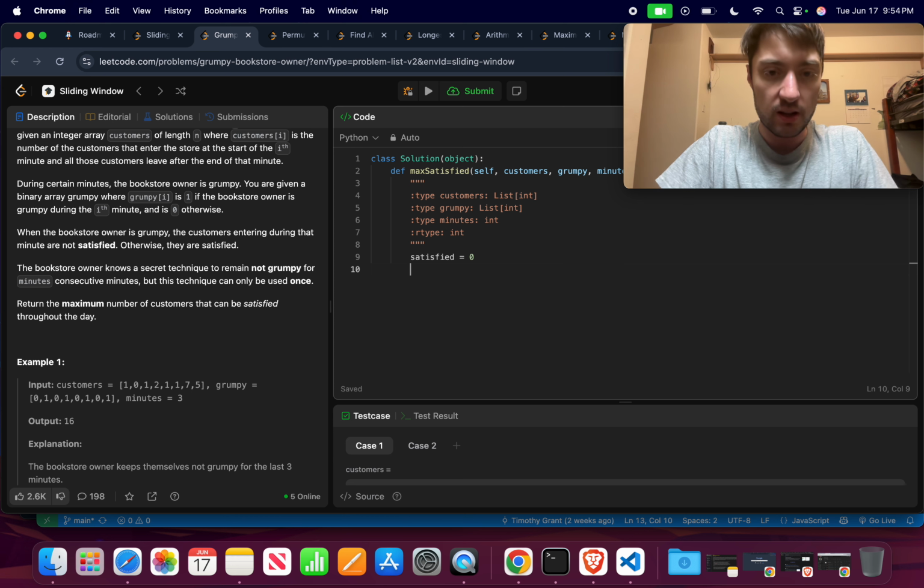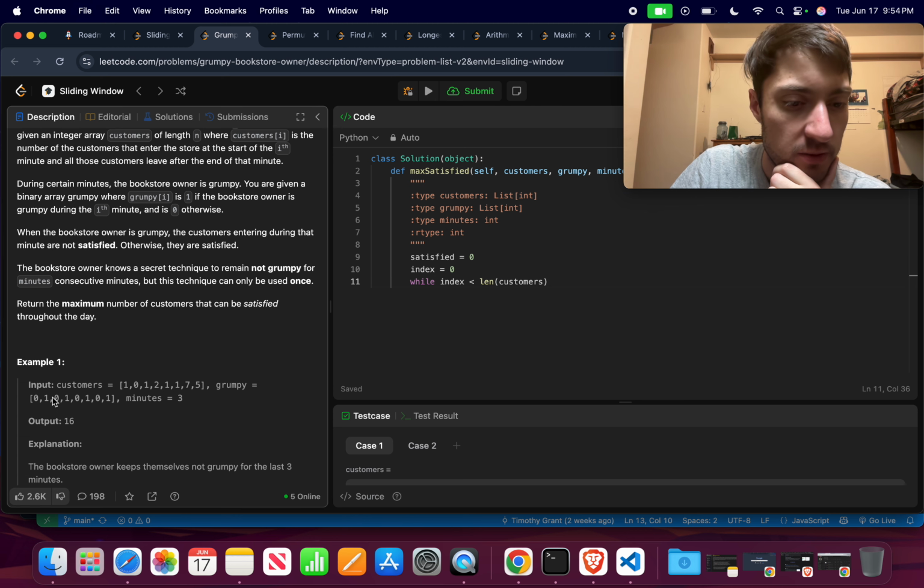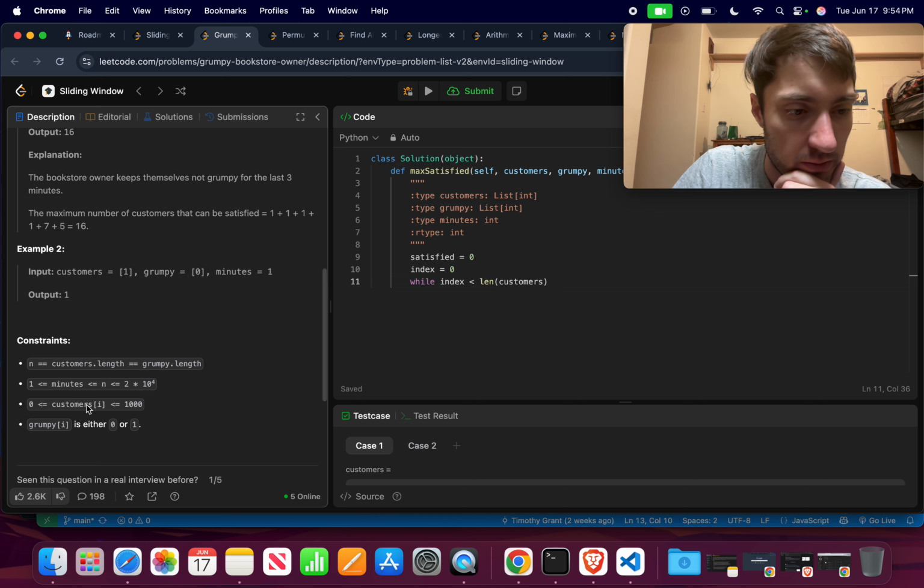So satisfied. So this is like the initial satisfied thing. So I'm just going to go while index is equal to 0. Okay, so while index is less than length of customers. Okay, now am I guaranteed that customers and grumpy are the same length? Yes, I am.